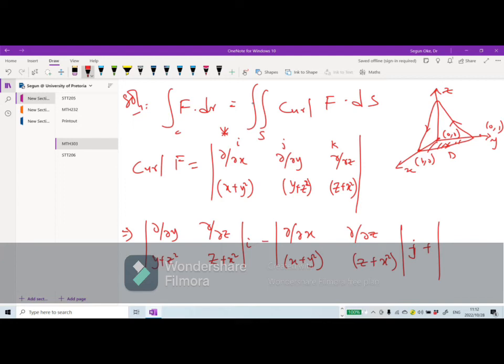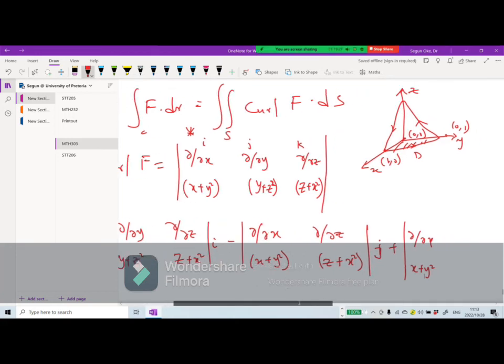Are you getting it? So you have d/dx, x plus y squared, then d/dy, y plus y squared.